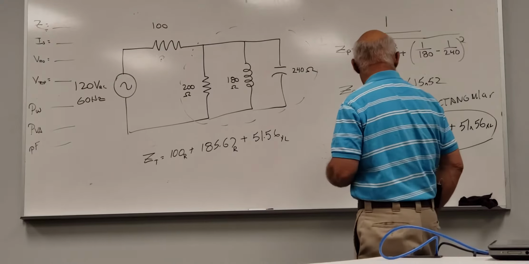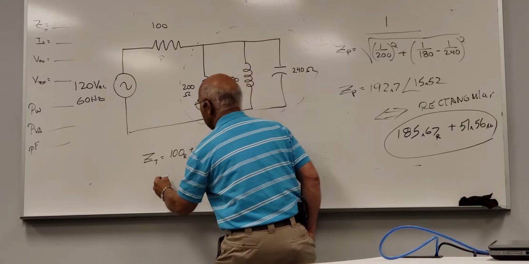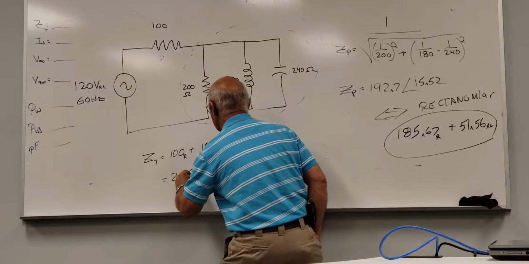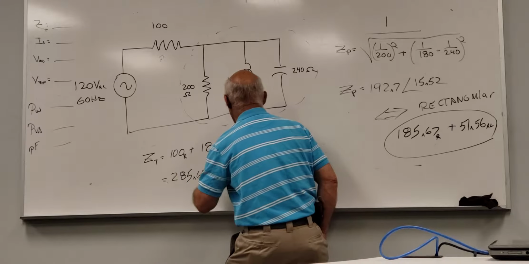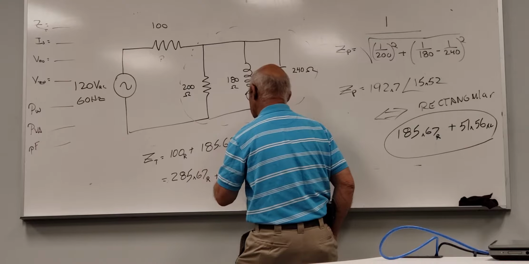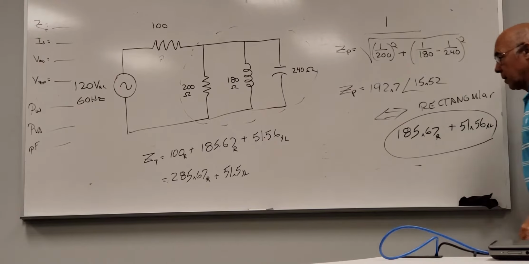Alright. So all we're gonna do is add the R's, and X sub L is 51.5. There it is in rectangular components.